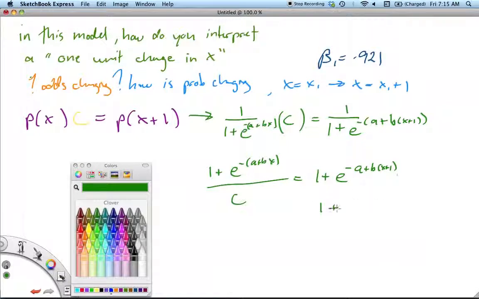So let's just say that this is equal to 1 plus e to the minus a minus beta x minus beta.